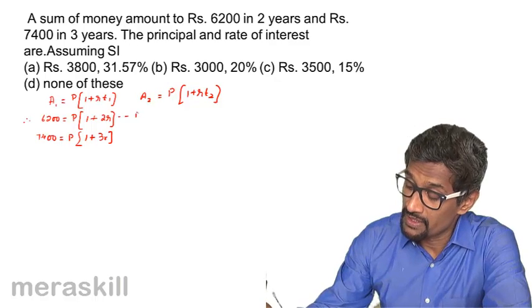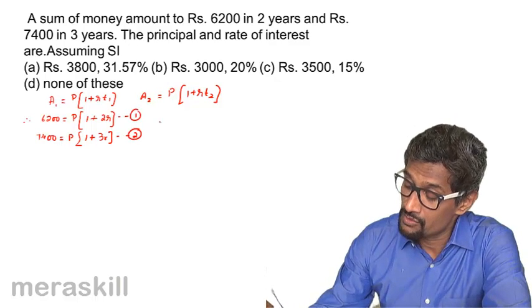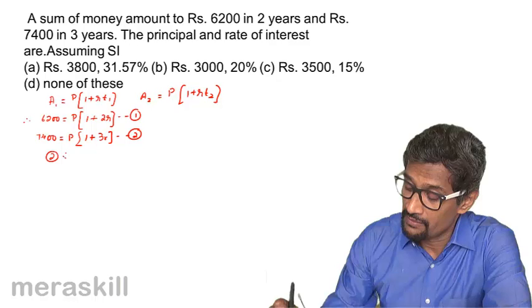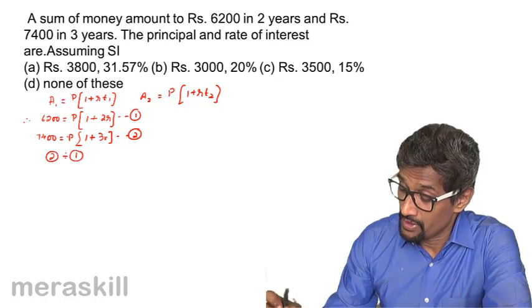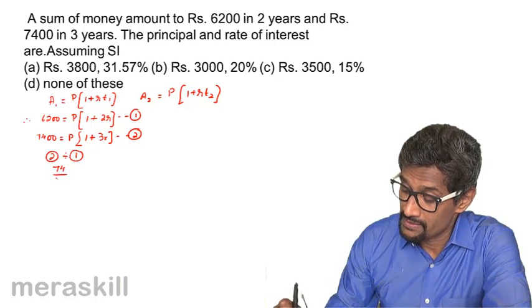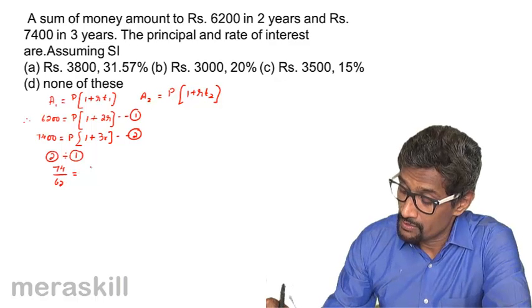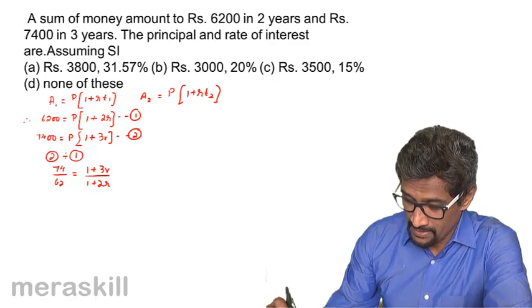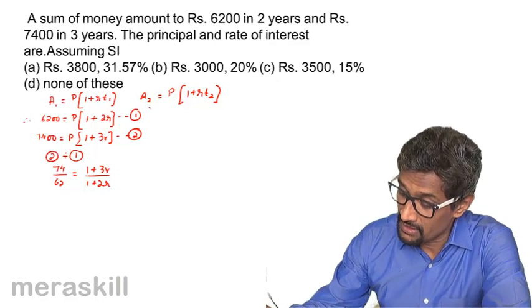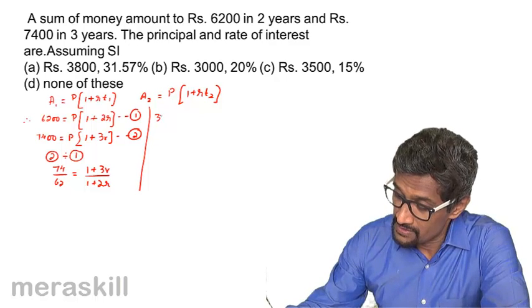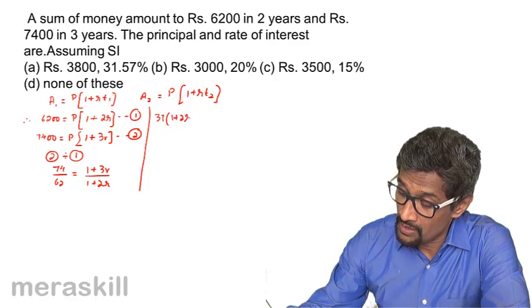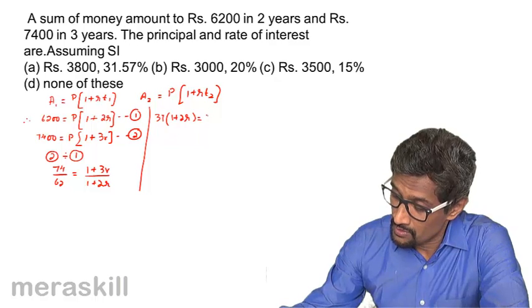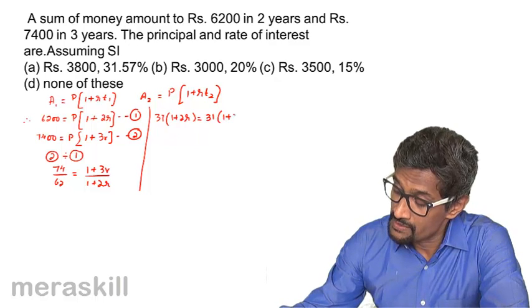So we can possibly divide 2 by 1. If you divide 2 by 1, you get 74 by 62 is equal to 1 plus 3R divided by 1 plus 2R. Hence that turns out to be 37 by 31. So you get 37 into 1 plus 2R is equal to 31 into 1 plus 3R.